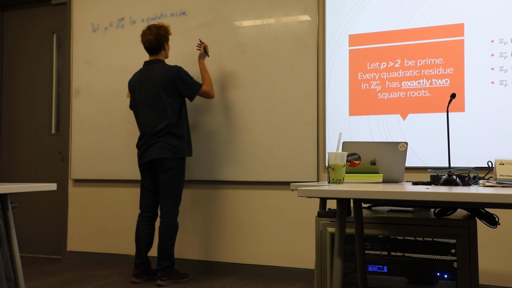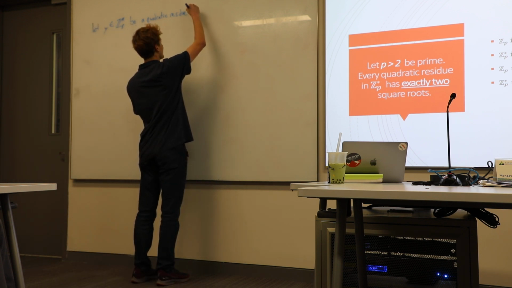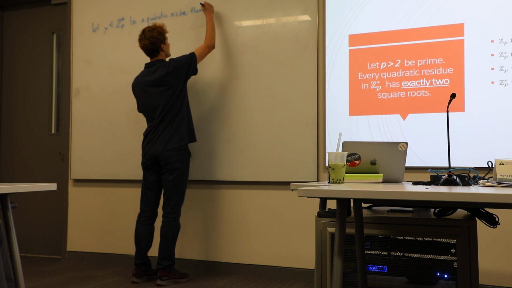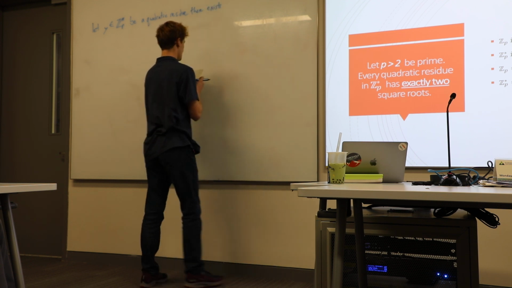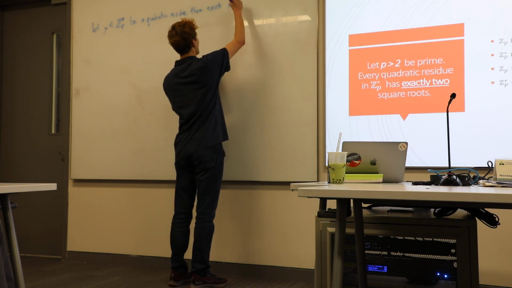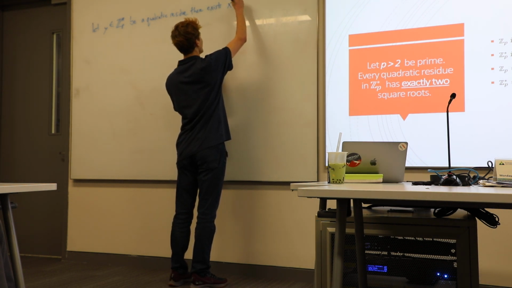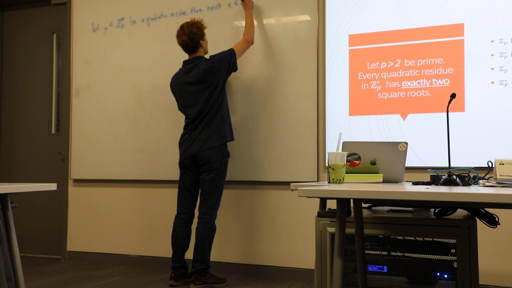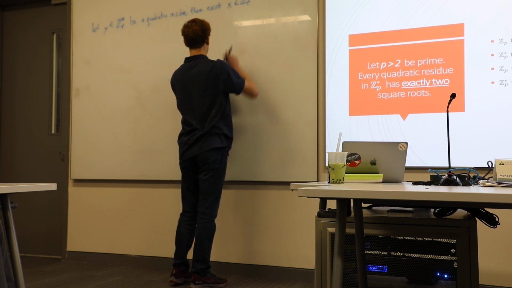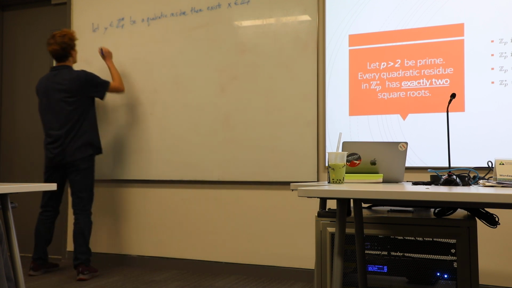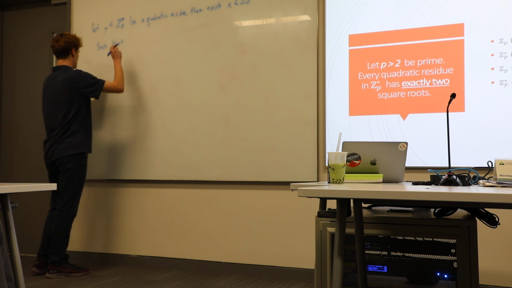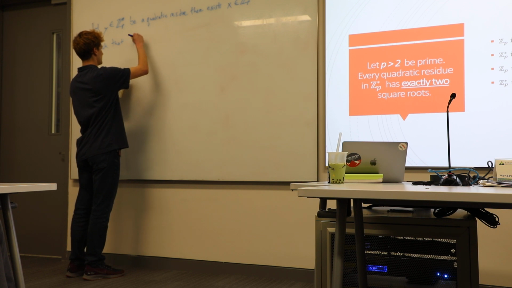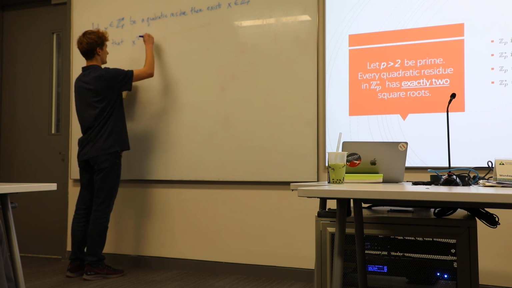That means, by definition, that there exists an x that's also in Z mod p star such that x squared is congruent to y mod p.